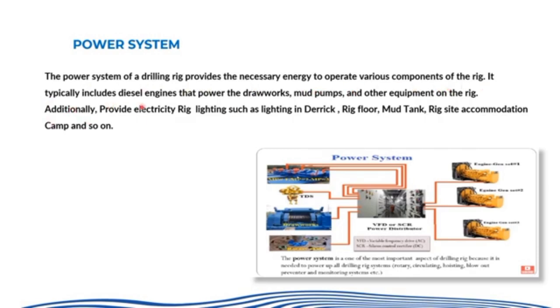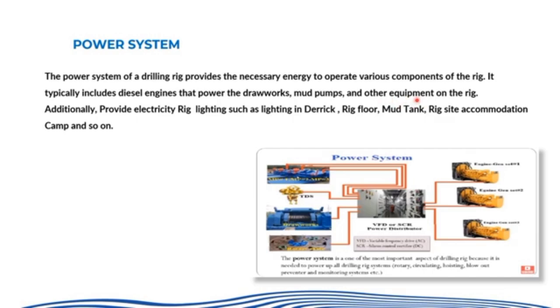It typically includes the diesel engine that provides the power to the draw works, the mud pumps and other equipment on the rig, the top drive system (TDS), and the rotary table.